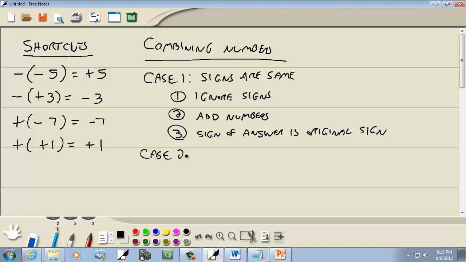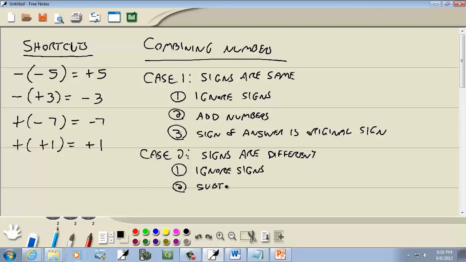Now we have case 2. Signs are different. One's positive, one's negative. First step, we'll again ignore the signs. Subtract the smaller number from the larger number.